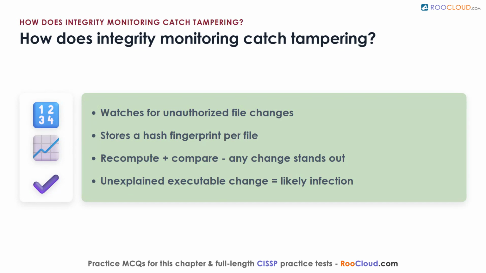As long as a file is untouched, its hash stays identical. Change even a single byte and the hash shifts dramatically, raising a flag. So if a critical executable suddenly changes with no patch or install to explain it, that is a strong hint of infection. Think of it as a tamper evidence seal on every file you care about.